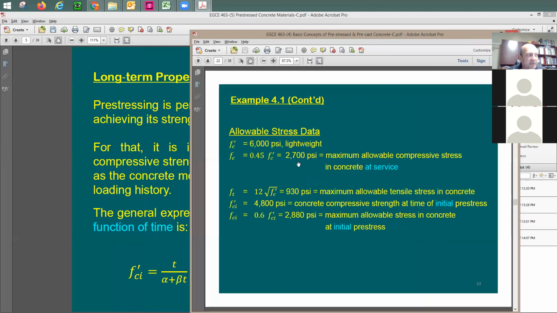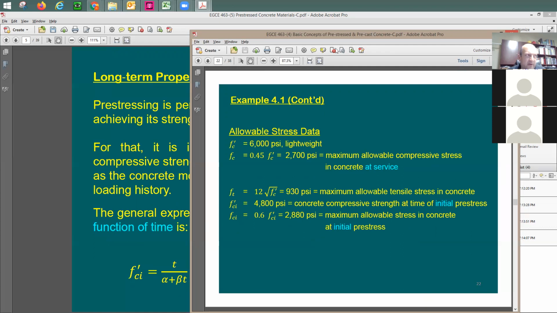So I have two issues here. If my F prime C is going to be equal to 6,000, how did you come up with this F prime CI? Is there a mathematical way of doing it, like by analysis, or is it just about testing? Does it mean that every time I have to test the concrete and figure this out before I start my design? Or how did I come up with 4,800 if I know that the final strength of the concrete is going to be 6,000?